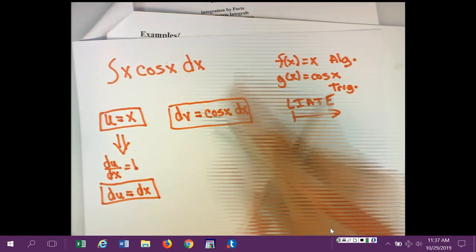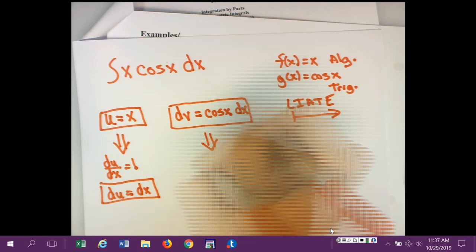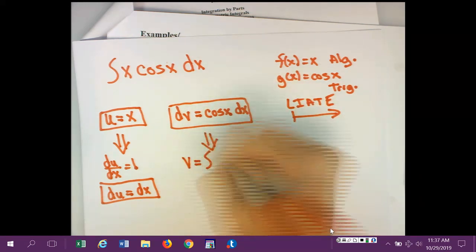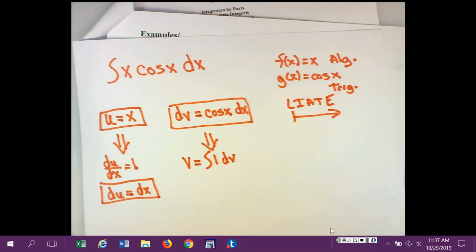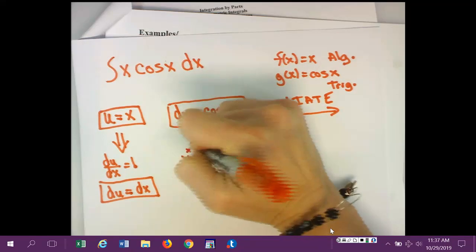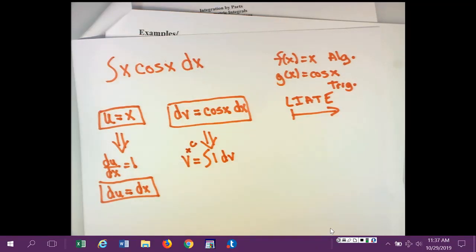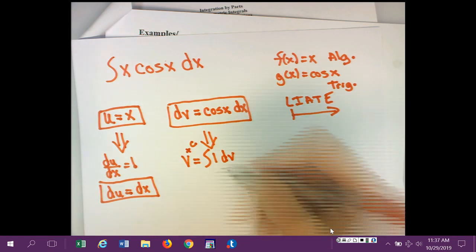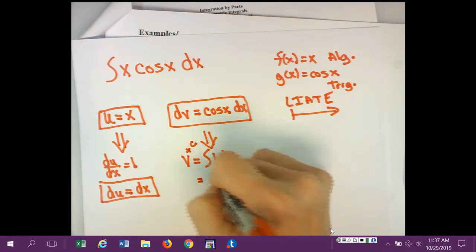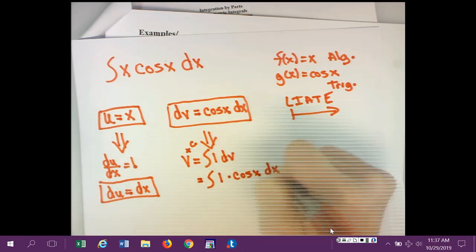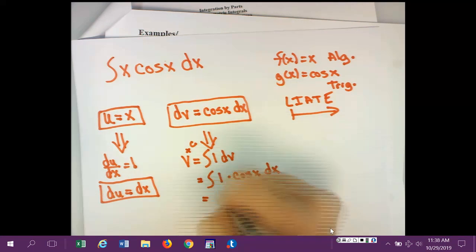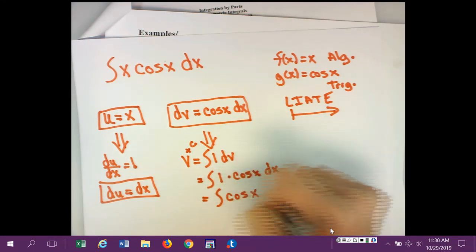In this process, what we want to do is we want to solve for v. v is equal to the antiderivative of an understood 1 with respect to v. I think everybody knows that, just in general. I could say v plus c equals the antiderivative of 1 with respect to v. This means that we have, and that simplifies to finding the antiderivative of cosine x.